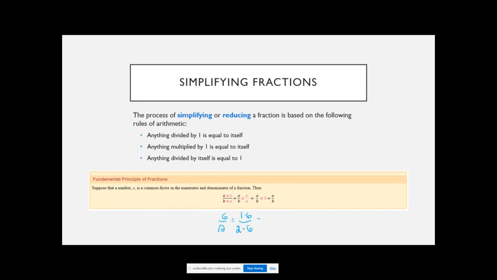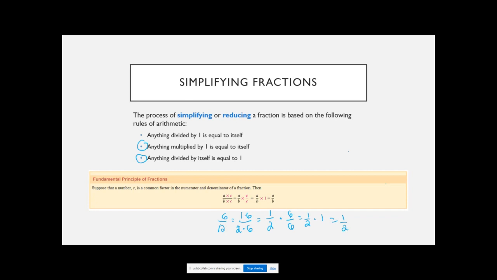And the way fractions work is that you can rewrite this as 2 separate fractions. Instead, you can kind of split them apart. And then 6 over 6, that uses this rule right here. Anything divided by itself is equal to 1. So that's really 1/2 times 1. And anything multiplied by 1 is equal to itself.